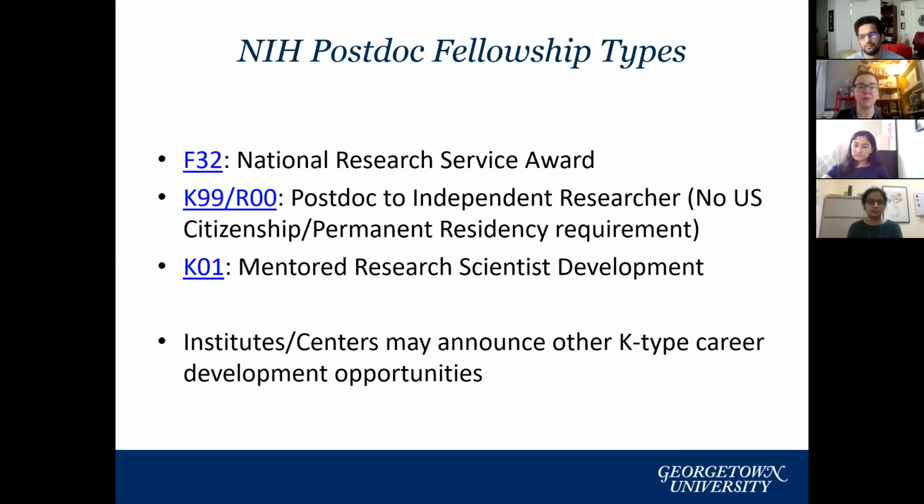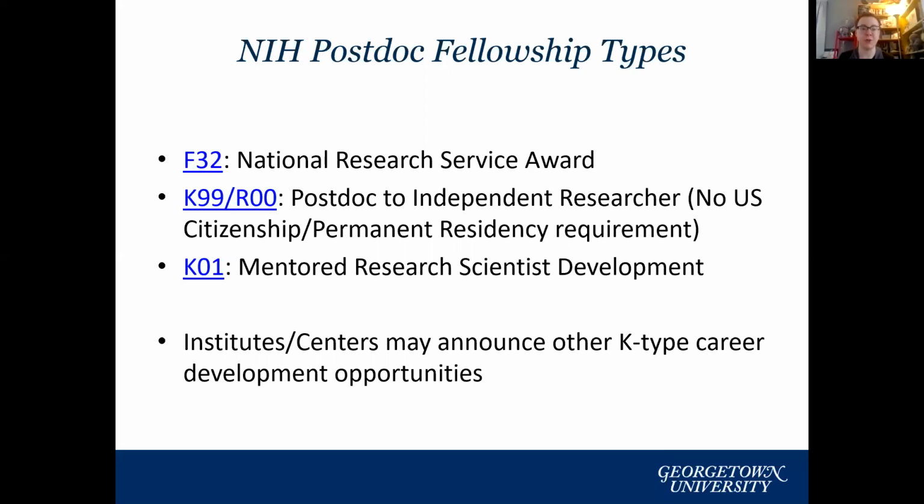And so the R00 phase is a second component of the award: when you move on from the postdoc phase and get an appointment, say as an assistant professor or associate professor, you'll have some funding built in to support your initial research as an independent researcher.